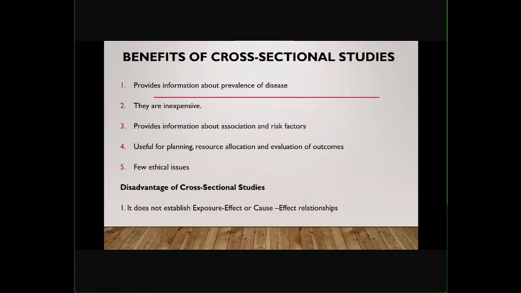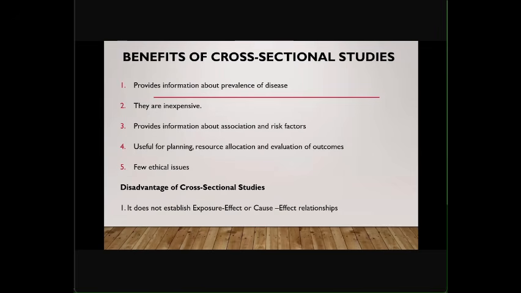It is possible because they are taking drugs at the time you measured. It is also possible that they are observing certain lifestyles that make them not prone to high blood pressure. So those are the things. When you cross-tabulate, you can use it to see associations and risk factors. So they are useful for planning, for resource allocation, for evaluation.